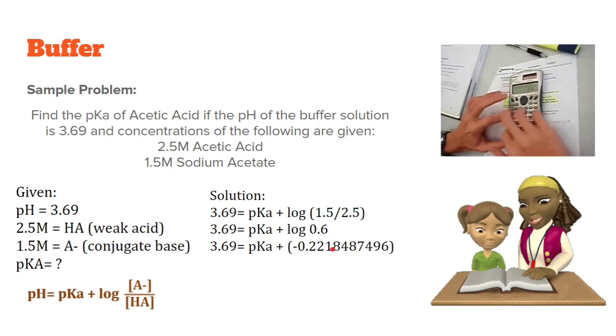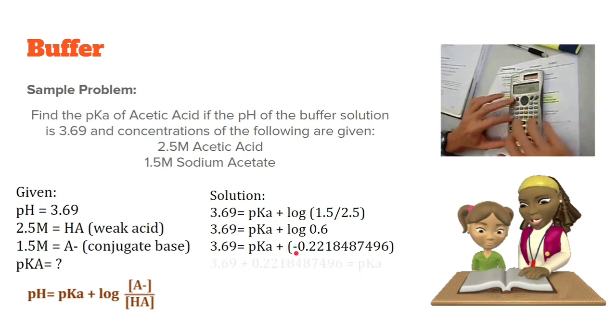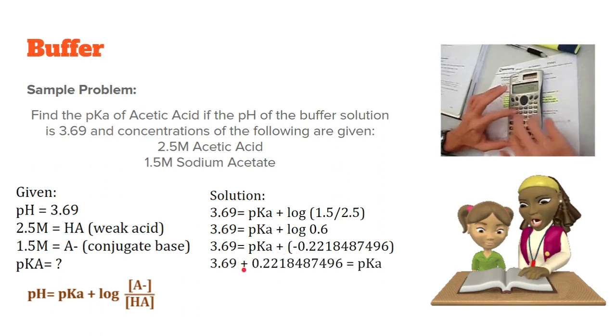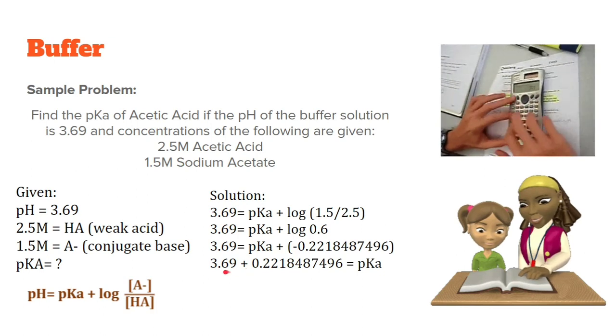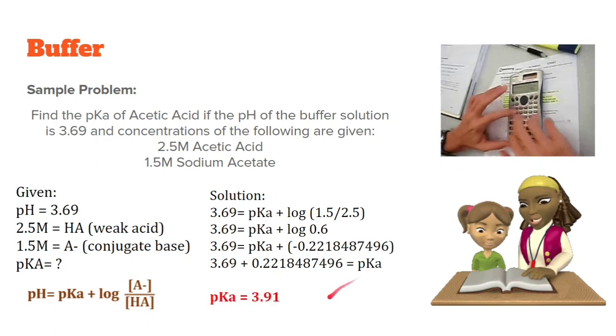Use the rules of math. This should be moved to the other side of the equation. And since this is negative, once it reaches the other side of the equation, it will become positive. Isn't that the rule of math? So 3.69 plus 0.22 is equal to the pKa. Therefore, the final answer for this question is 3.91.